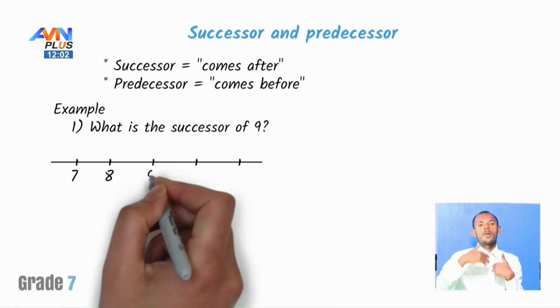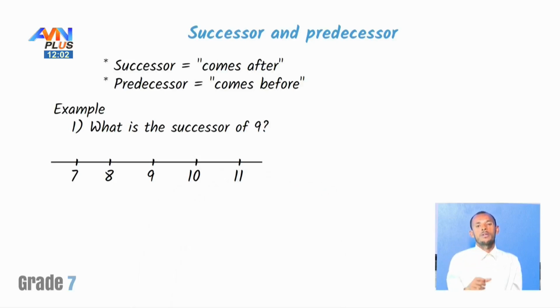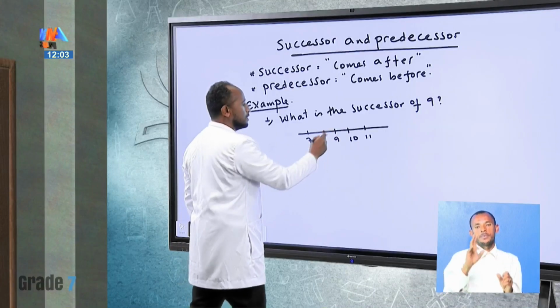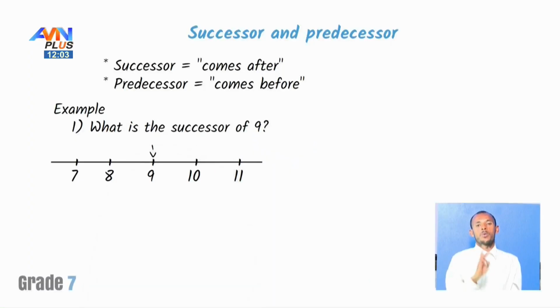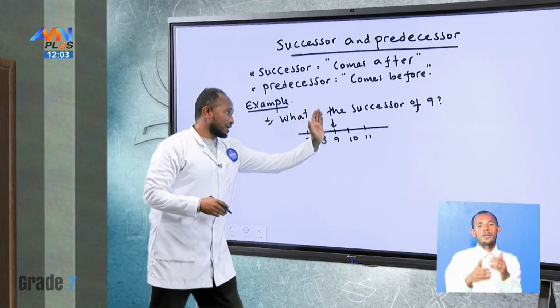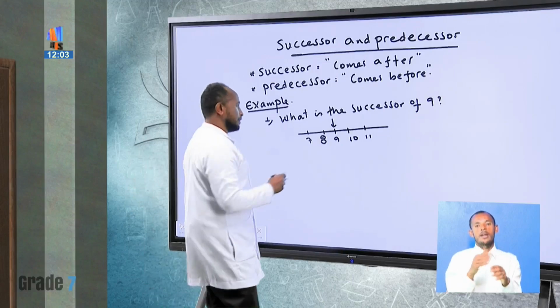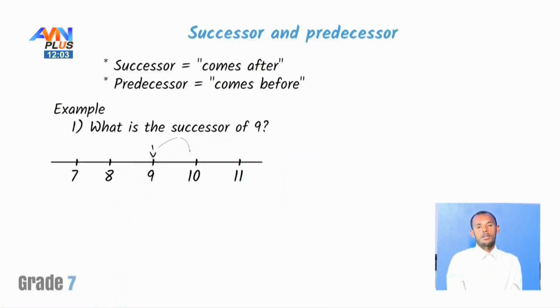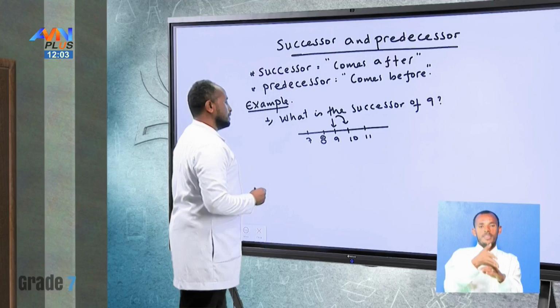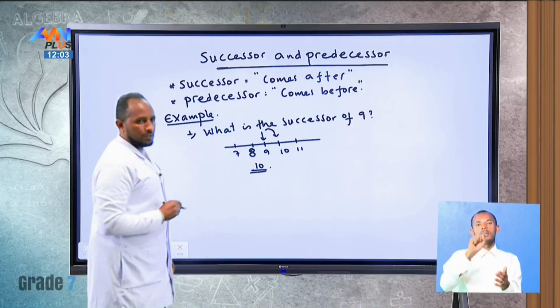Next to 9, you have 10, 11, and so on. To the left, you have 8, 7, and so on. So we are asked to find the successor. So the number that comes after 9, what's the number? Good, it's 10. Therefore, the successor of 9 is 10.